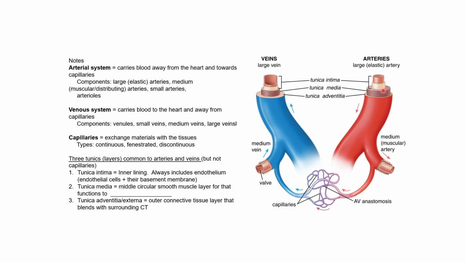As we go down to smaller and smaller vessels, again the variation is mostly in the middle layer, with less and less elastic fibers, and the smooth muscle cells will also decrease in number of layers until we reach the arterioles, where you have one or two layers of smooth muscle around the vessels.